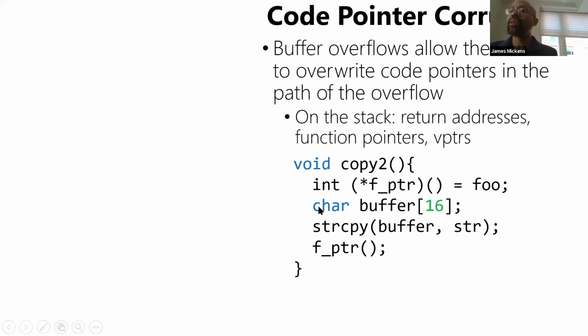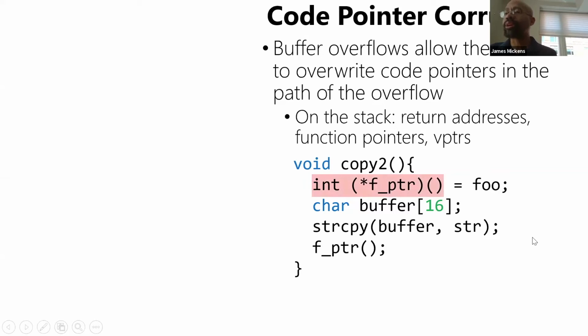Then, as before, we have this sort of exploitable piece of code here. We have the buffer, we have the vulnerable strcpy down here, and then we have an invocation of the function pointer. Once you've set the function pointer, you can invoke it just like any other function. So in normal situations, this invocation of the function pointer is going to invoke foo.